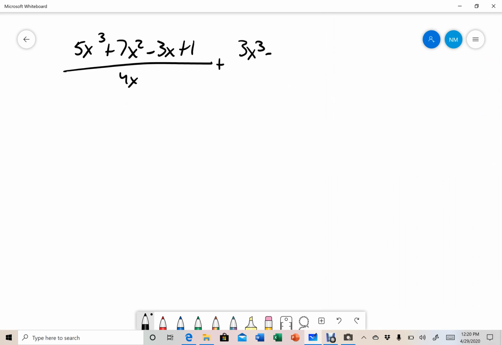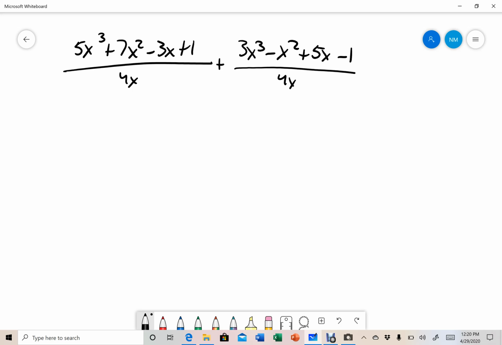Okay, so in this one, we've got 5x cubed plus 7x squared minus 3x plus 1 over 4x plus 3x cubed minus x squared plus 5x minus 1 over 4x.